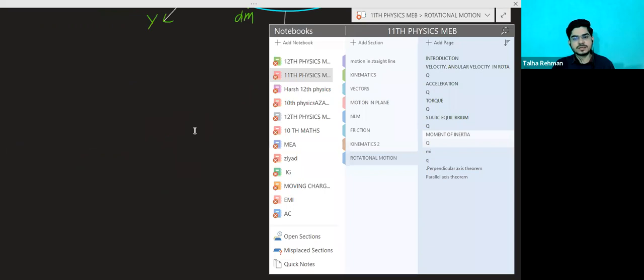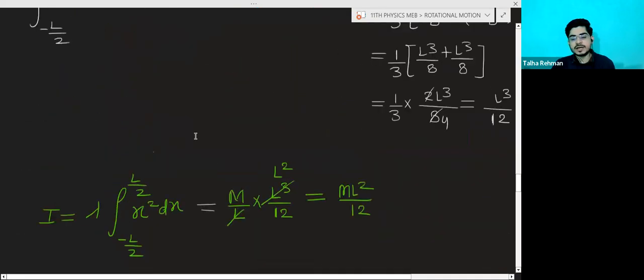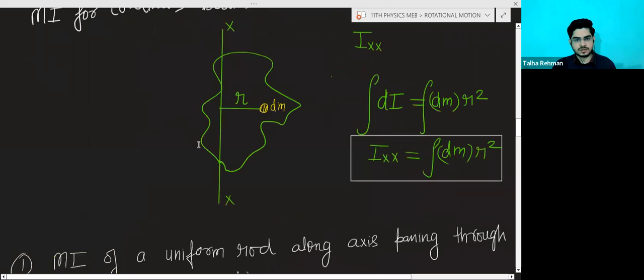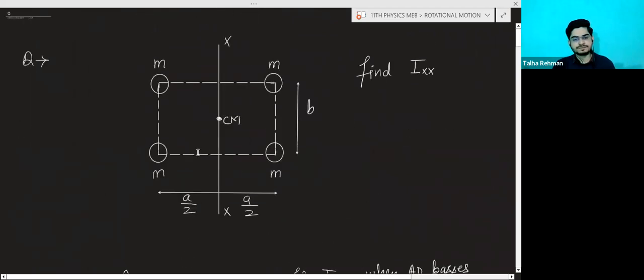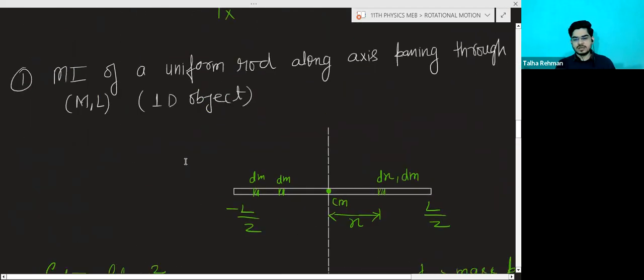After that, we discussed if there is a continuous mass. Continuous mass means, for example, a rod, or suppose I want to find the moment of inertia of this pen about any axis.